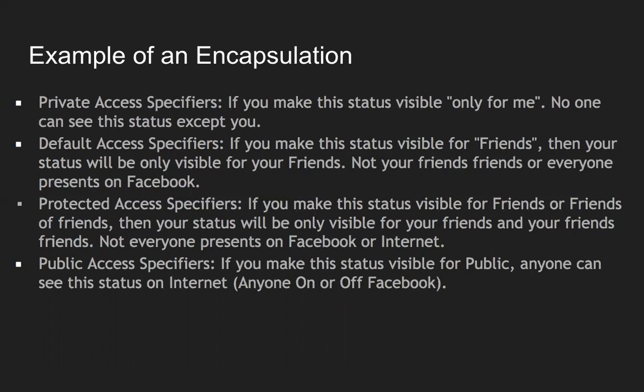For protected access, if you make the status visible for friends or friends of friends, the visibility of our status is increased to the next level, where the friends of my friends can see it. For public access, if you make it public, then anyone in this internet world can see it. If Facebook recommends your name, they can also see it without accepting or sending a request, right?